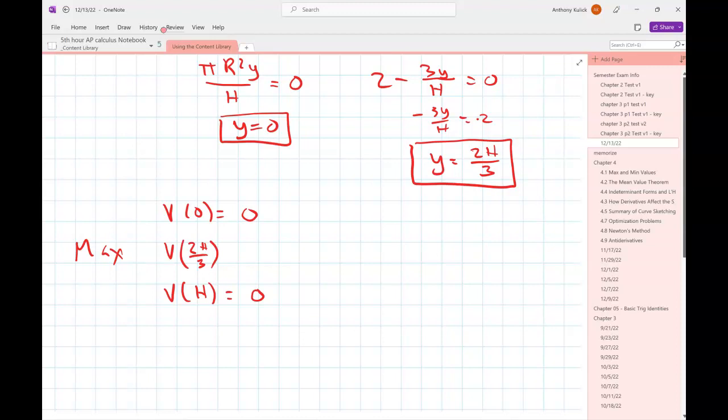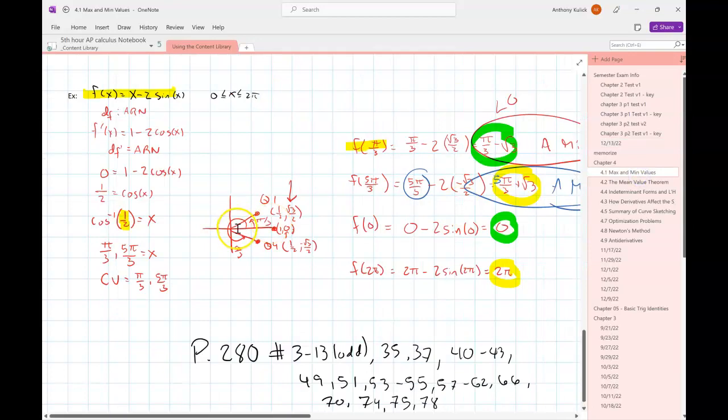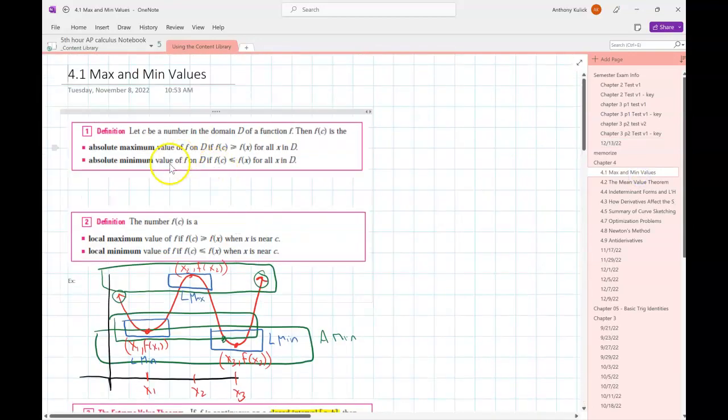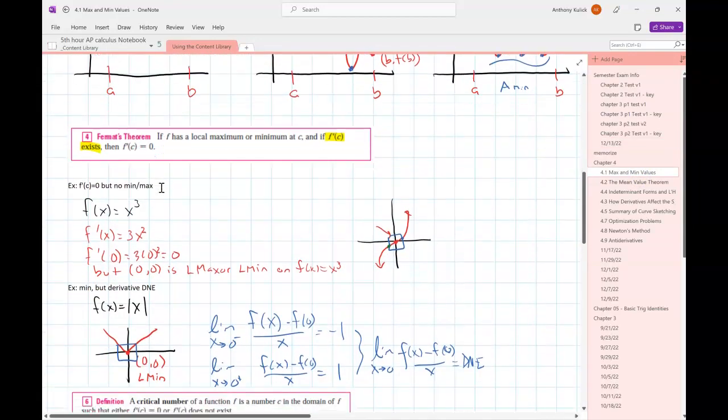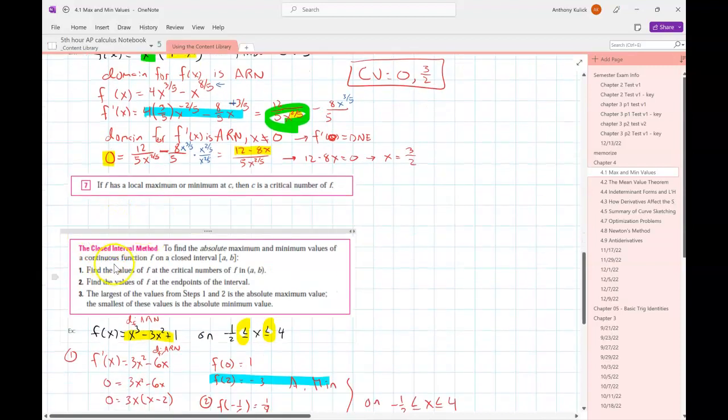How do you know it's h? What I'm using is the closed interval method of finding a maximum or minimum. The domain was a closed interval. So I can find the absolute maximum or minimum by looking at the critical numbers and the endpoints of the interval, in this case the endpoints of the domain.